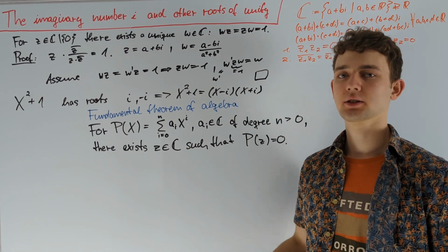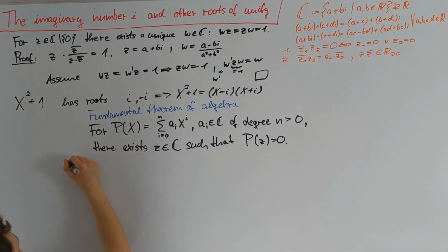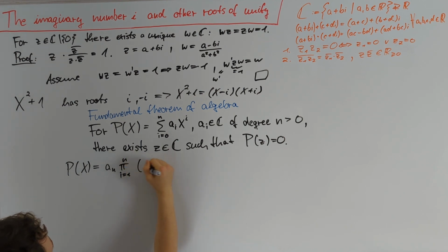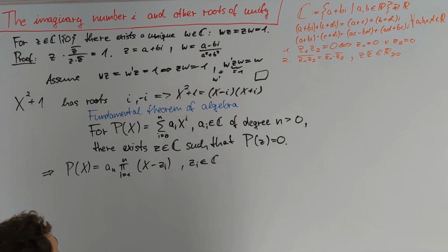Using this and induction, we can conclude that for any such polynomial, we can write p of x to be equal to a_n times the product for i equals 1 up to n of x minus z_i for some complex numbers z_i. In the second part of this video, we will take a look at particular polynomials and evaluate the exact complex factorization in linear terms.